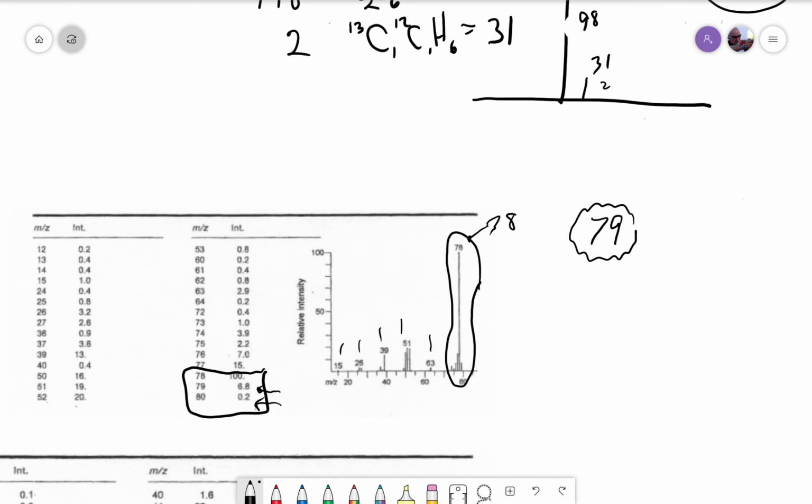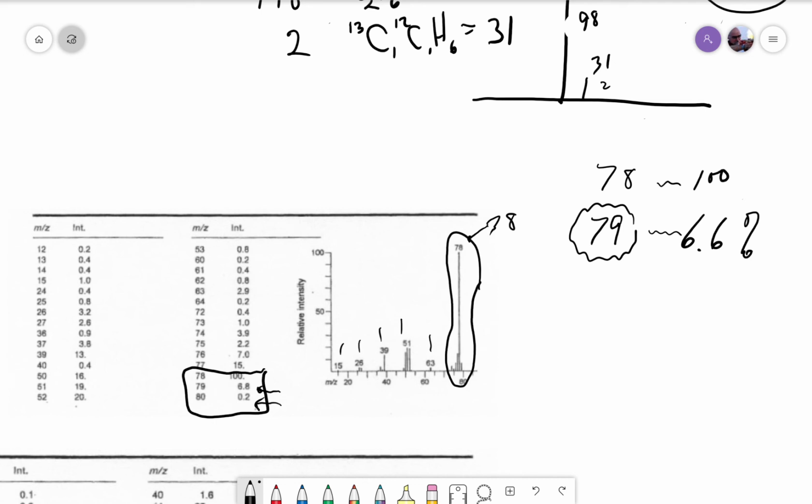In this molecule, the carbon-13 peak is about 6.6% compared to the peak at 78.